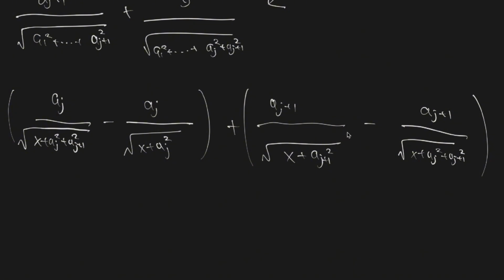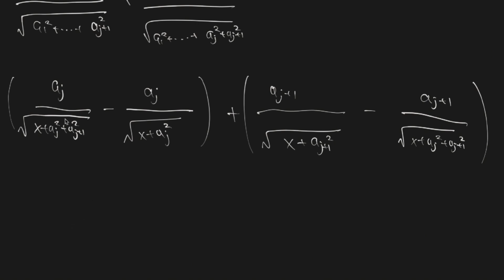The most obvious thing to do is to just cross multiply, so make the denominators common, and we can see if that will work for us. If I were to do that, then the bottom of this term becomes x plus AJ squared plus AJ plus 1 squared, multiplied by the square root of x plus AJ squared.